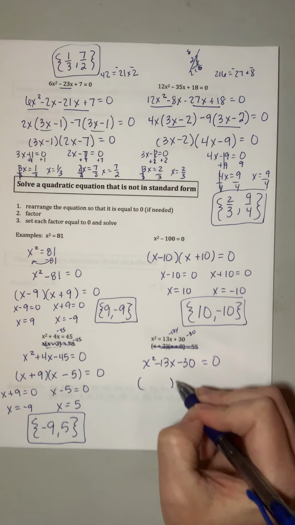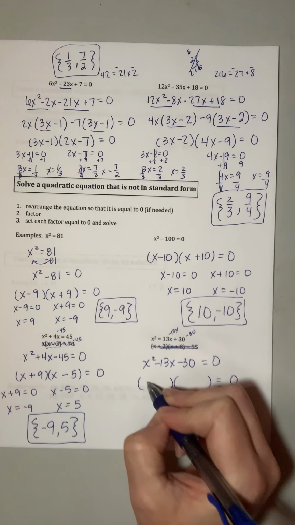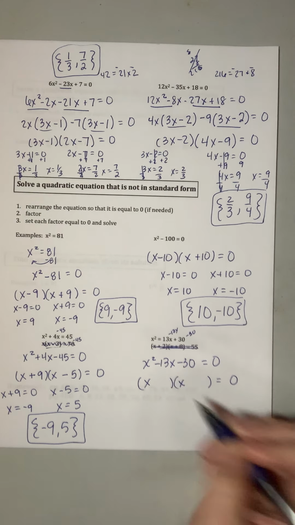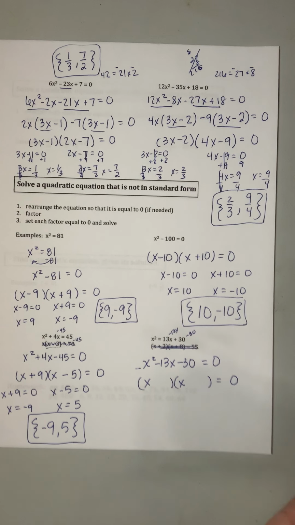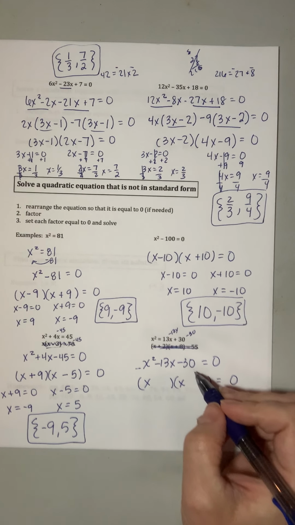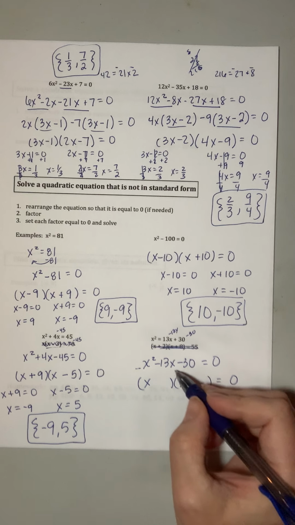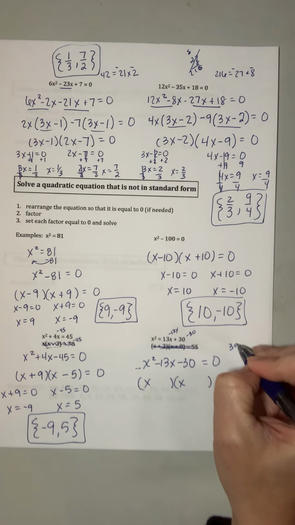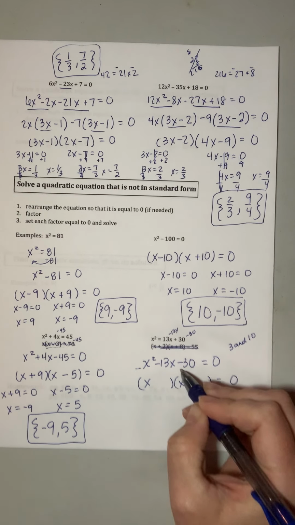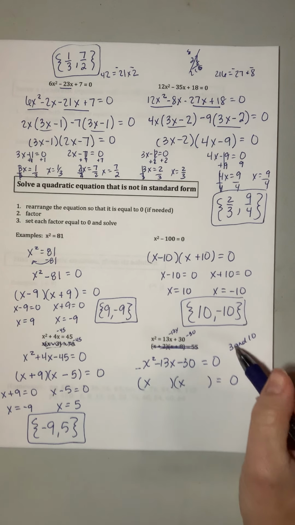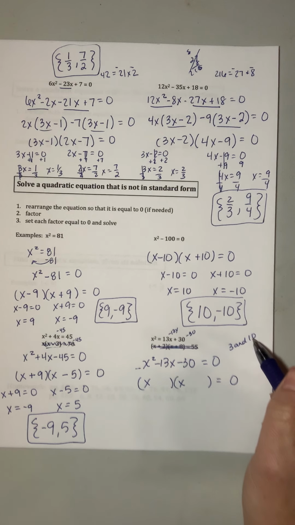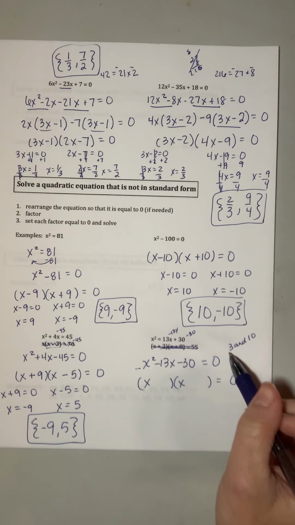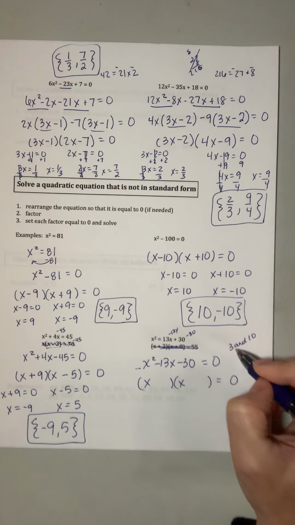Okay, I'm going to do trial and error because my x value is so low. Like my coefficient, there isn't anything. So 30 would be 3 and 10. 3 and 10 has to be negative, so one of these has to be negative. So negative 3 plus 10 would give me 7. Negative 10 plus 3 would give me negative 7, so that doesn't work.